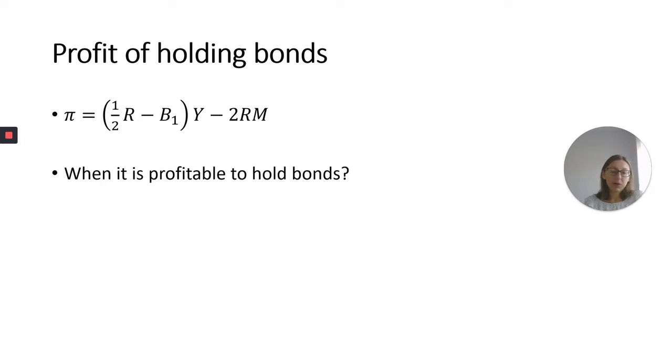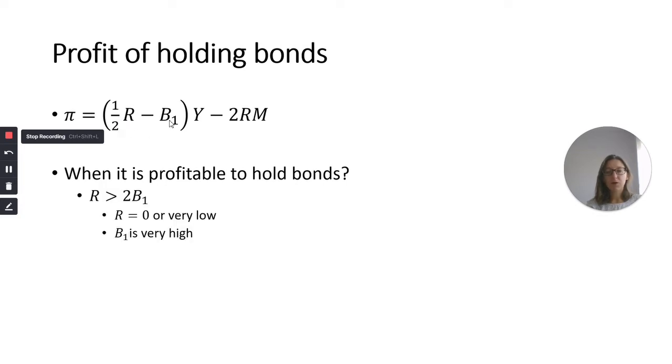It might be that it's really unprofitable to have any bonds. Looking at the equation, we can easily see that the first component should be higher than the second one, or the value in the brackets should be greater than 0. And this can be possible only if the interest rate on bonds is at least twice higher than the brokerage costs.